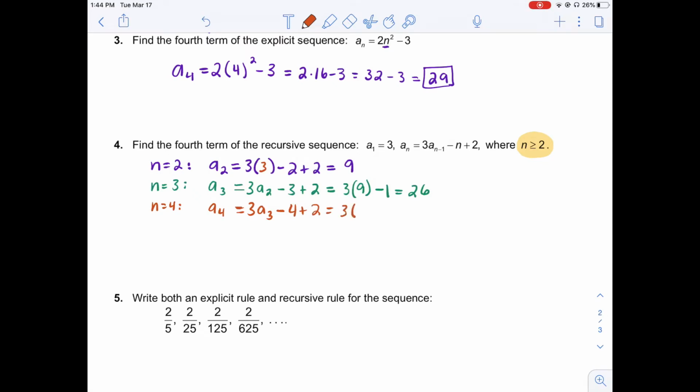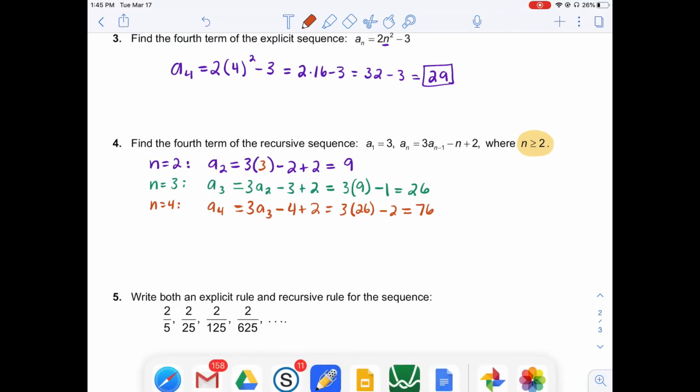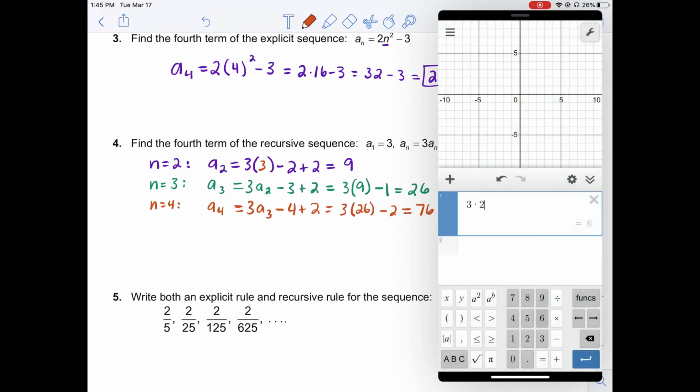So this is 3 times 26, which is the answer of our term right before, and then minus 2, which would be equal to, let's see here, 3 times 26 is 78, so that should give us, I think here, 76. Let's check that real quick. 3 times 26 is 78. Minus 2 is 76. Awesome.